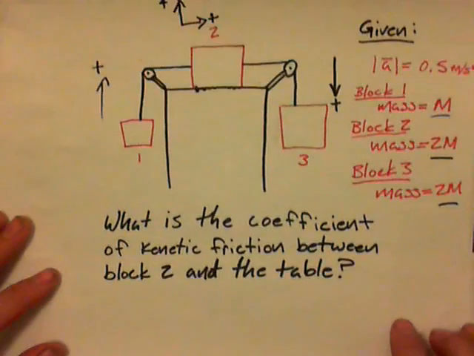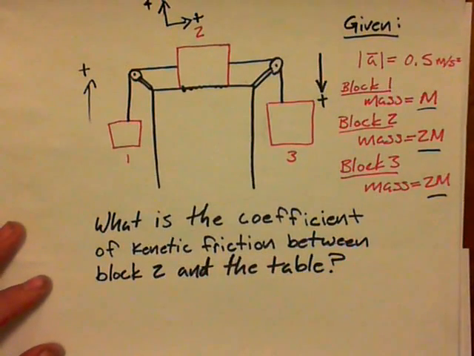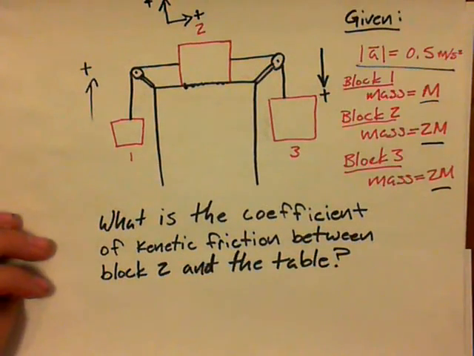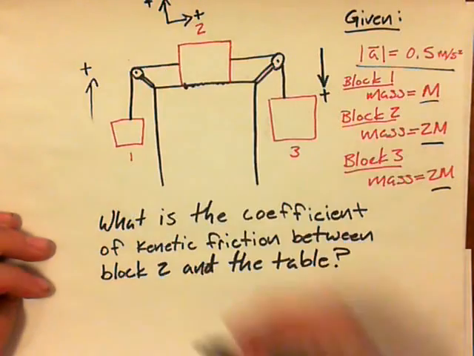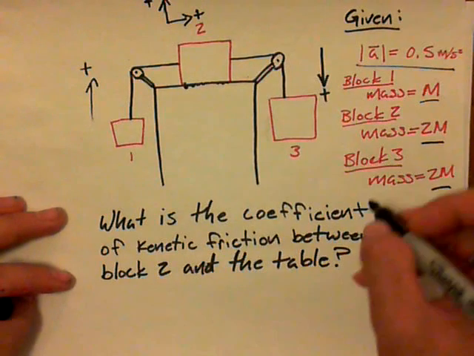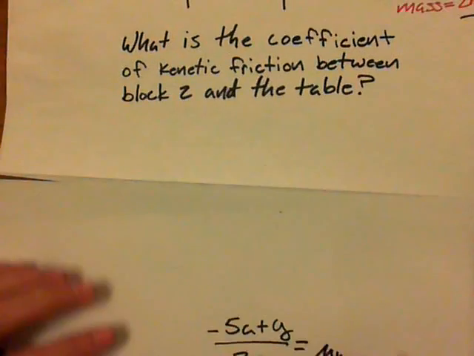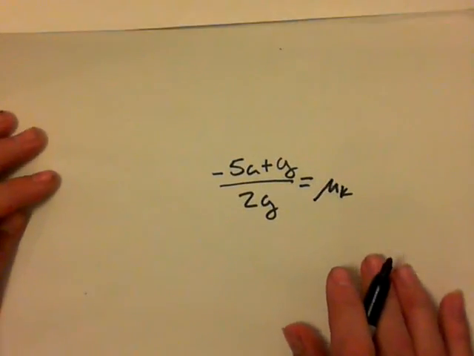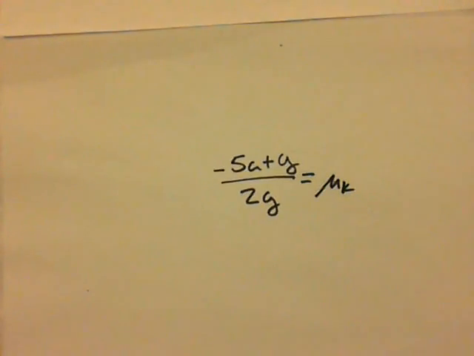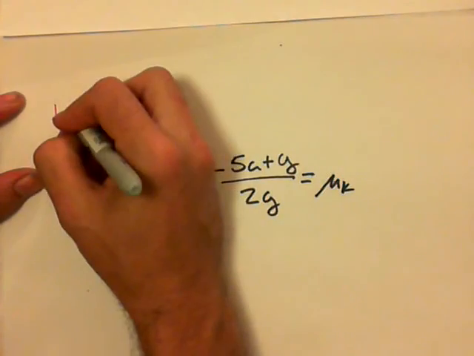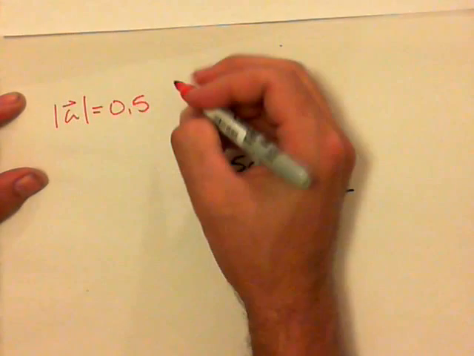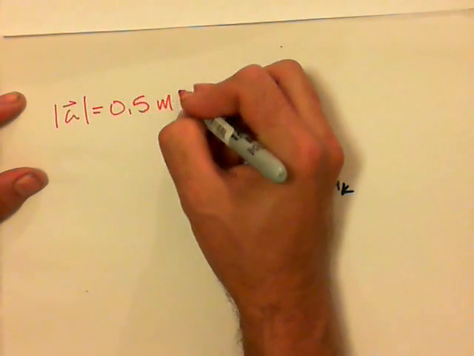Now let's just have a look at this. Okay. So we have our acceleration is 0.5. And what else do we have? Oh yeah, we have gravity, which we're going to call 9.8 for our reasons. So I'll just throw that in. So we have our little equation here, and we have our magnitude of acceleration equals 0.5 meters per second squared.